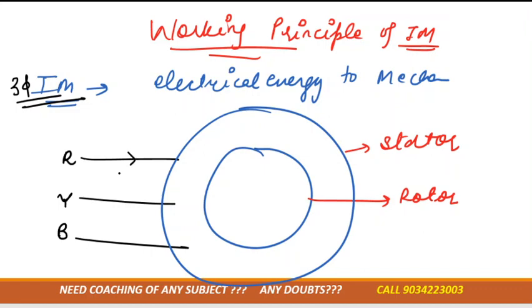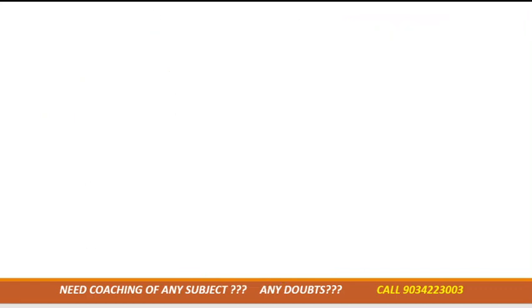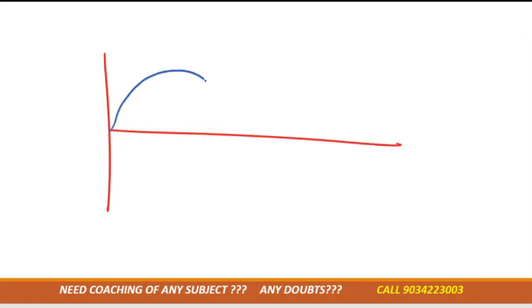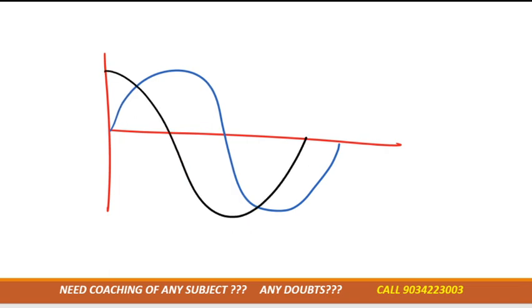So, if we are talking about the three phase, first you should know what is three phase. Three phase means three wires. One starts from zero, right? Another wire starts from the positive, like this, and another wire starts from the negative, like this. Okay.